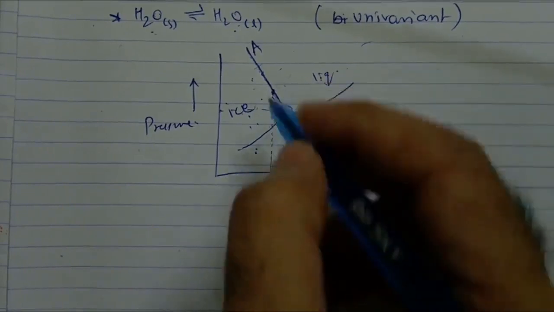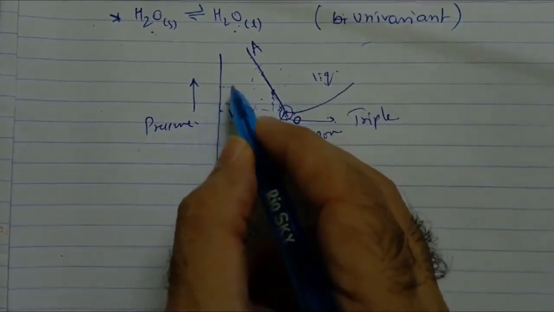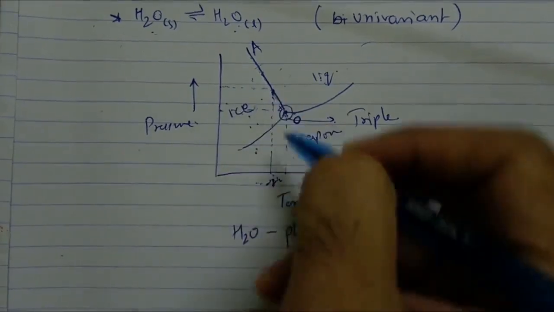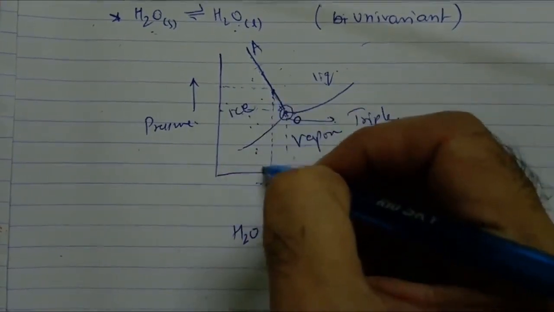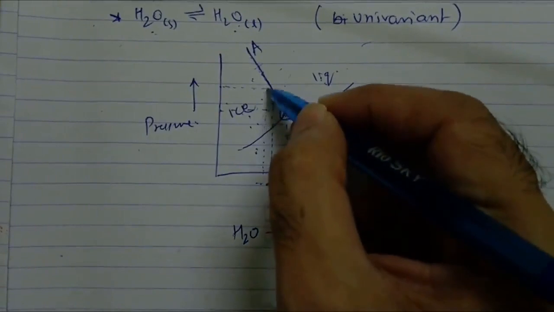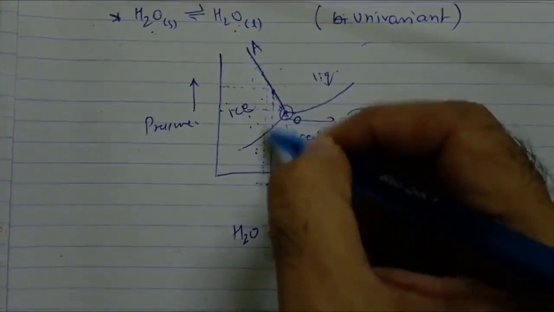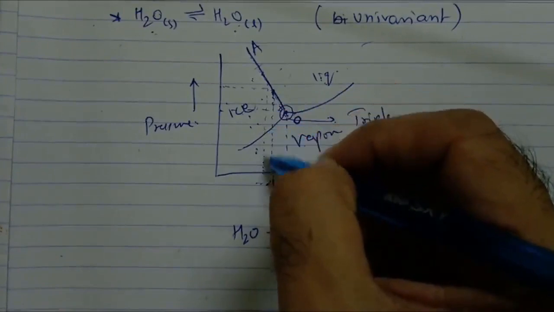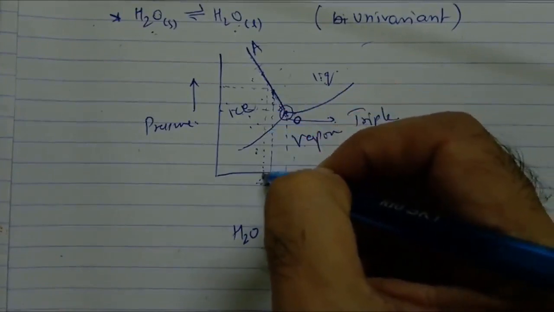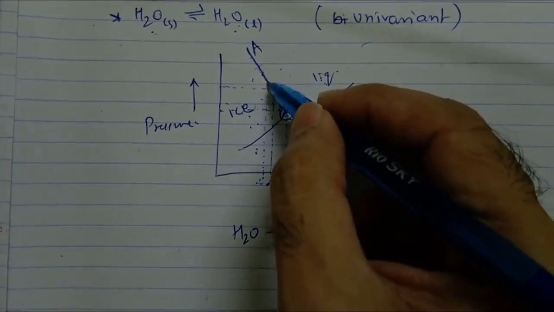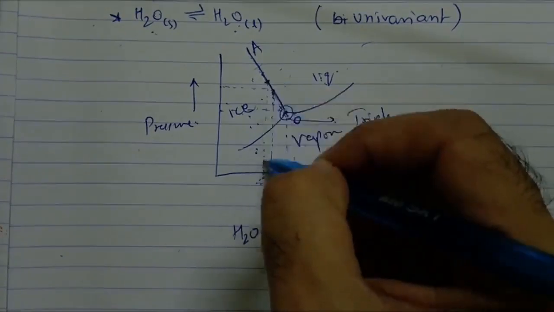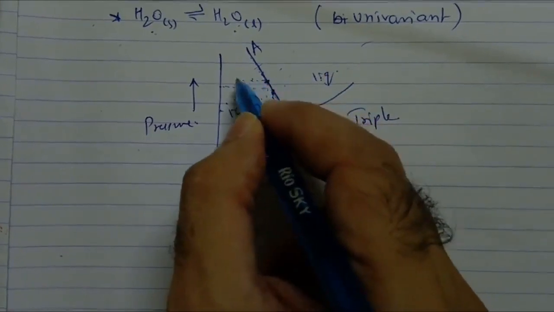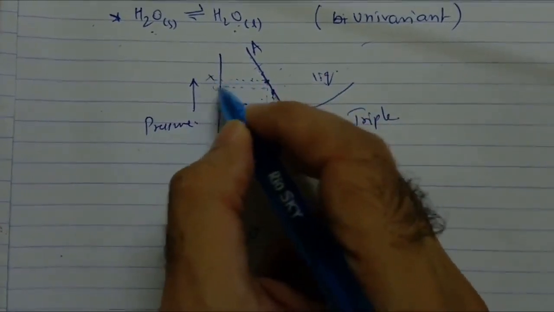Now I don't have to specify the pressure here. Pressure will be automatically fixed at -2. Now if you take, let's say, -3, it will be somewhere here. Just not to scale this graph, I'm just explaining so you will get a better understanding. So at -3 temperature, that point will be somewhere here. If you extrapolate, it will go here, and this will be automatically fixed. I don't have to specify this.